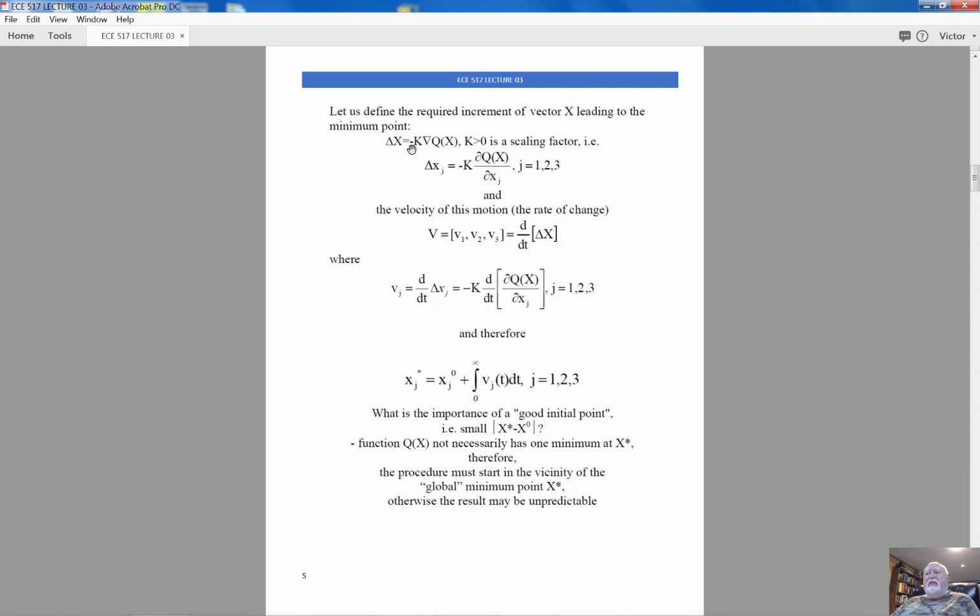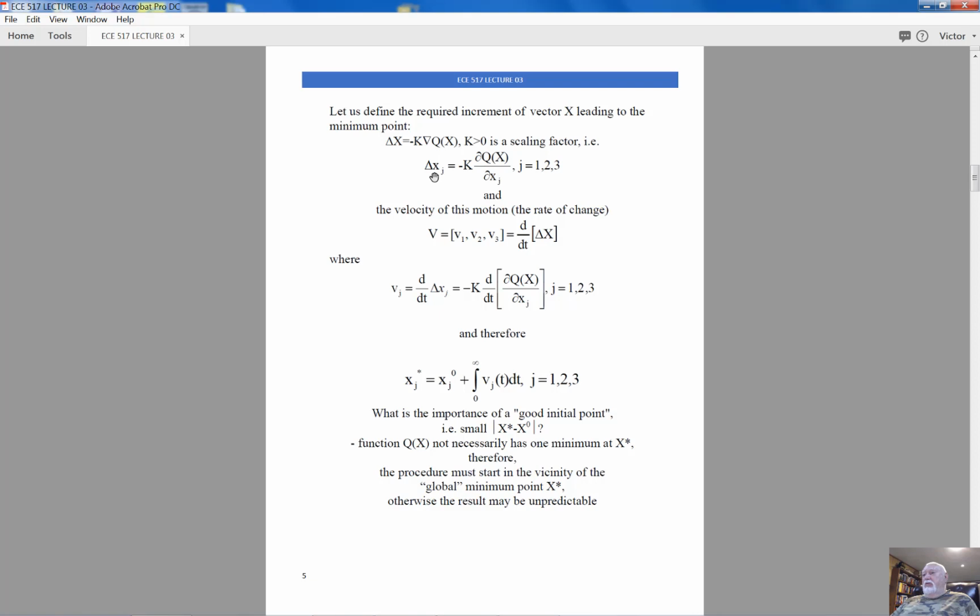Because if we would not have this minus, then delta x would be an increment in the direction that would result in the increase of the criterion. With minus, this increment is supposed to lead to the decrease of the criterion value. K is a scaling factor that determines the size of the increment.